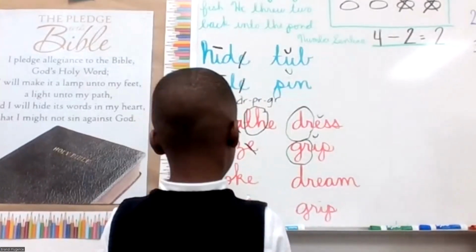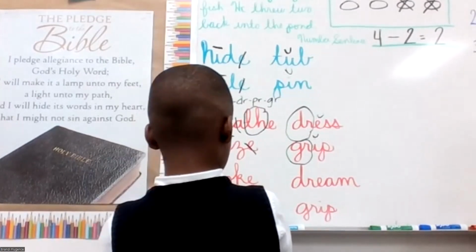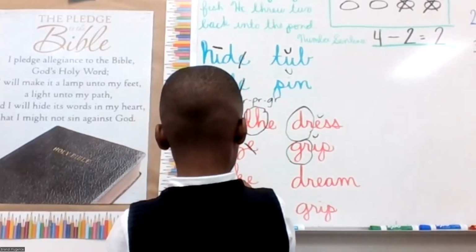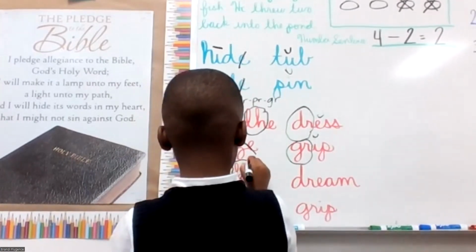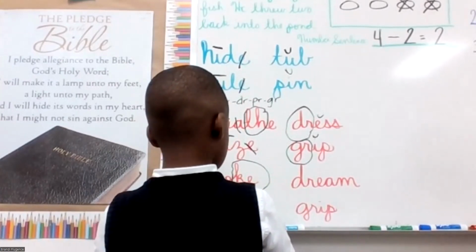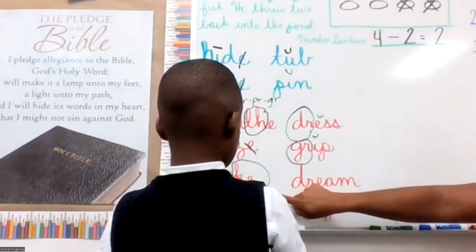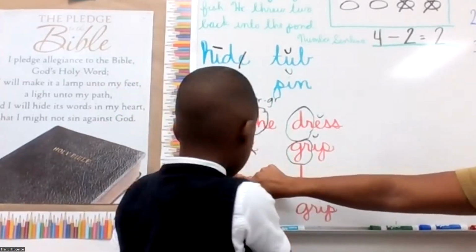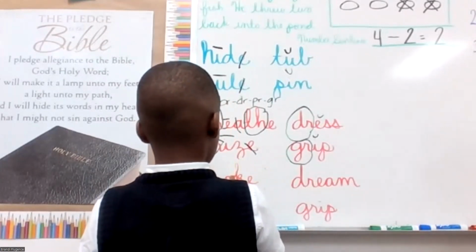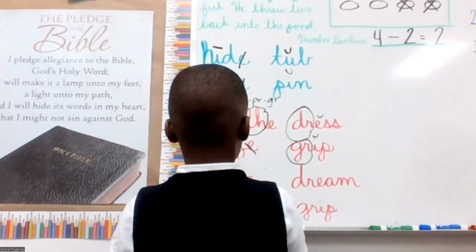Circle the special sound, mark your vowel. That's not a special sound. Okay, thank you. The sounds are up here, so look at your word.